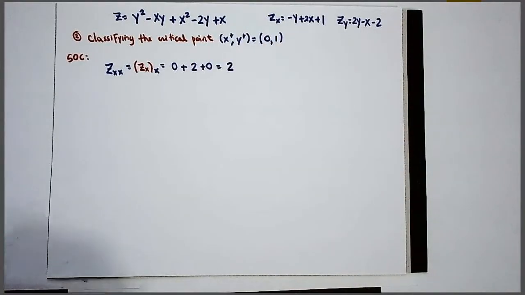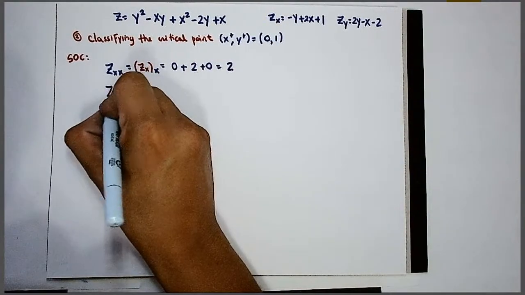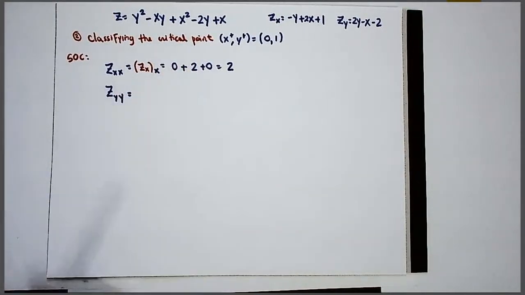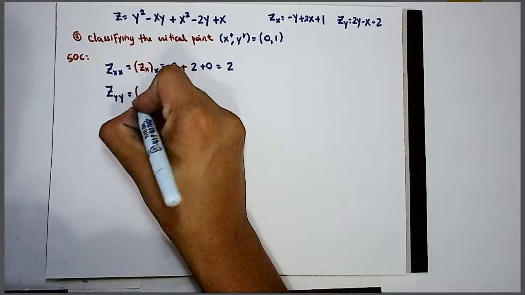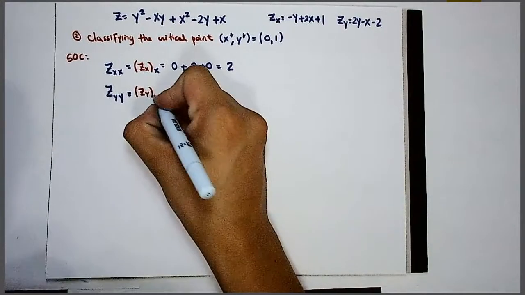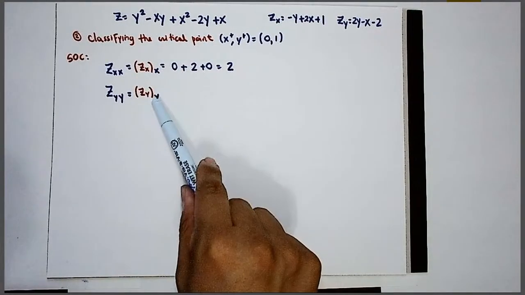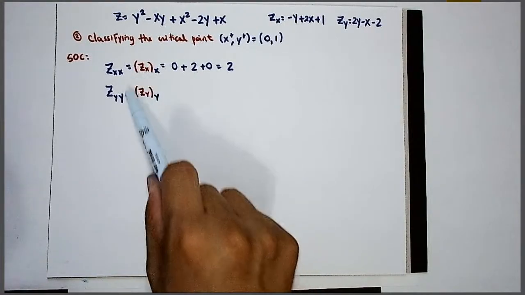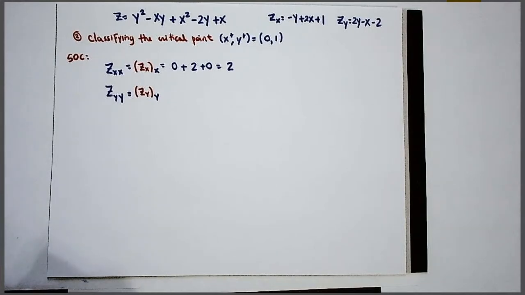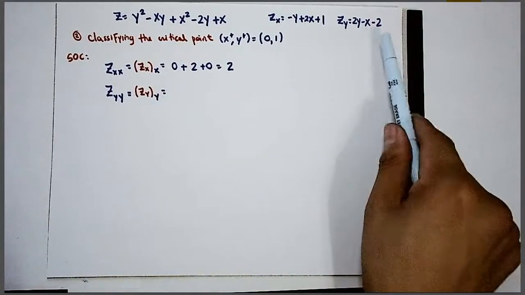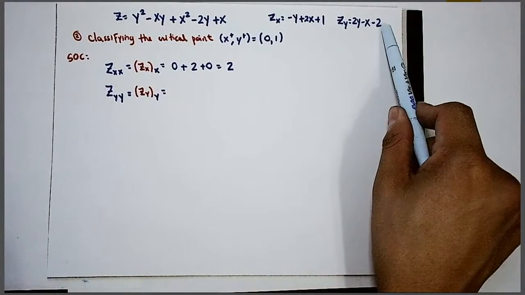We need now the second partial derivative with respect to y. Again, this is simply the derivative with respect to y of the partial derivative with respect to y, which we already have because we used it in the first order condition.